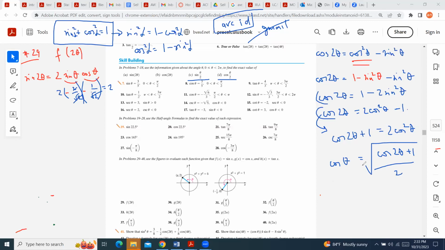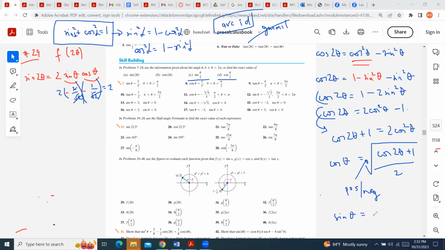And again, I don't want to put plus and minus here because as we already noticed, it's either positive or negative. It cannot be both at the same time. So it's either or. And analogously, I can also pull out the sine from here.